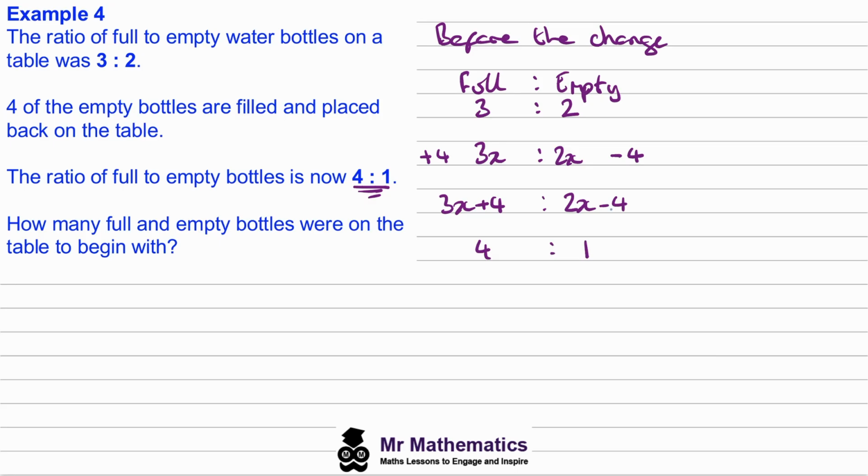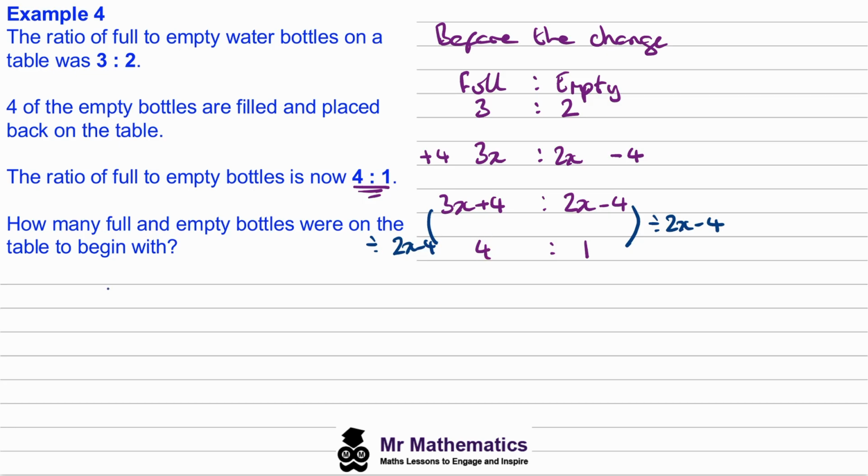So again, we need to go from the 2x minus 4 to 1. So we'll divide it by itself. And then we'll do the same to the full bottles. We'll divide this by 2x minus 4. And when we divide it by this, we get the 4.